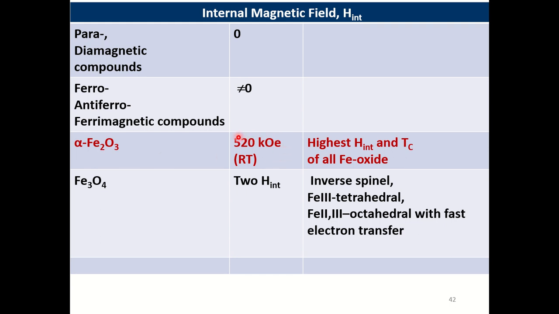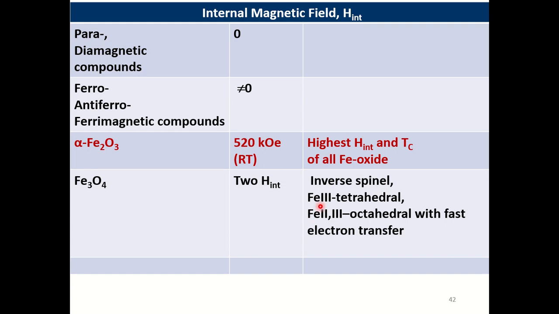It has the maximum value of internal magnetic field amongst all the iron oxides. There's also a special case like magnetite, Fe3O4, which has both Fe2+ and Fe3+ ions.